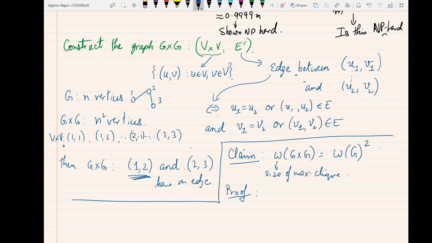The proof is actually quite simple. I'm going to show only one side of this, that is, I'll show that the size of the max clique in G cross G is greater than or equal to the size of the max clique in G, squared. The other side is equally easy to show, and I'll leave it as an exercise.